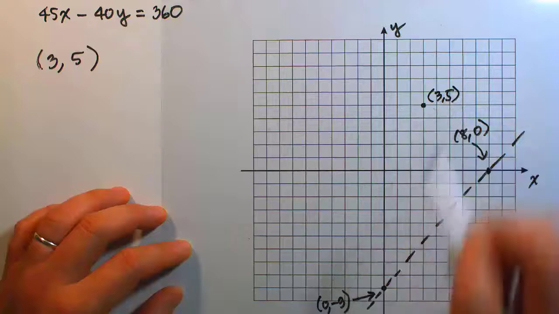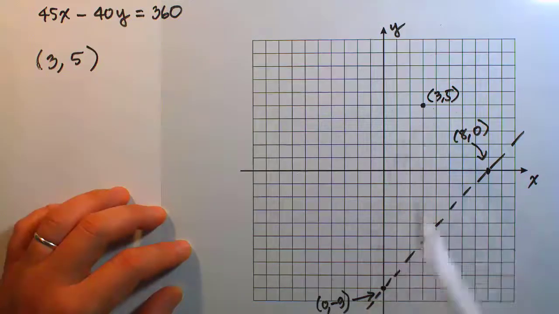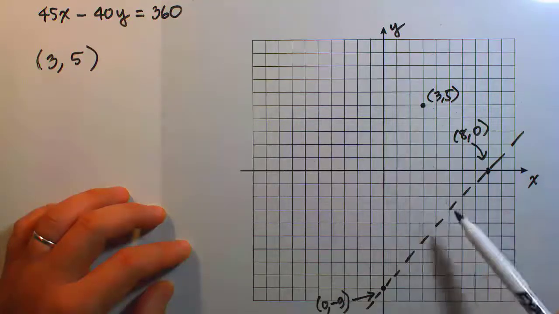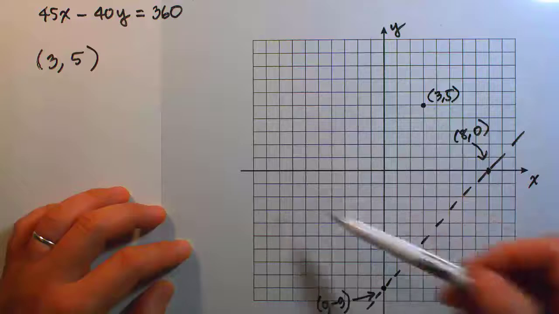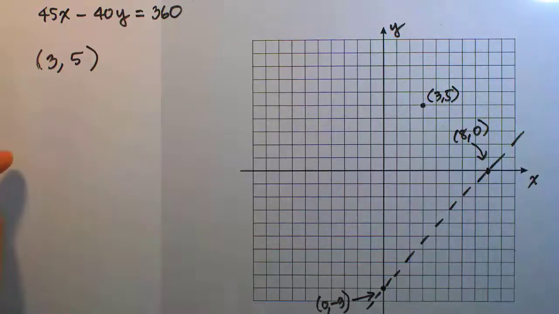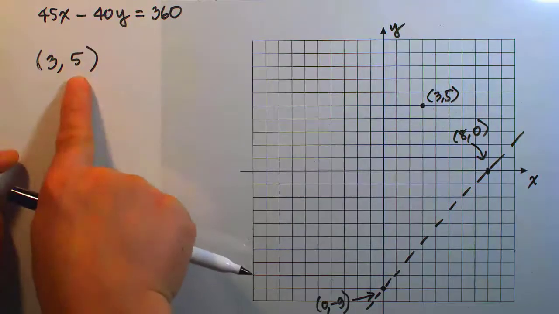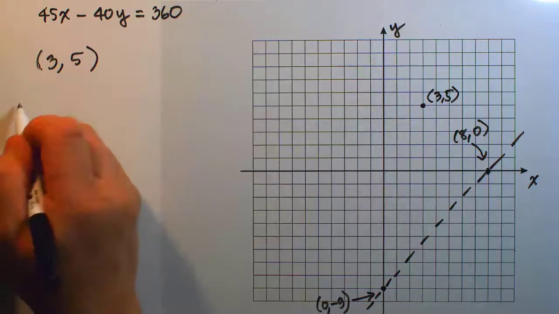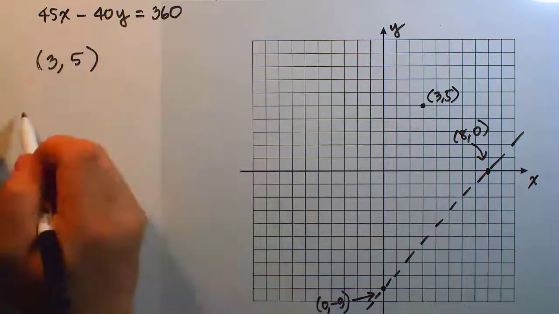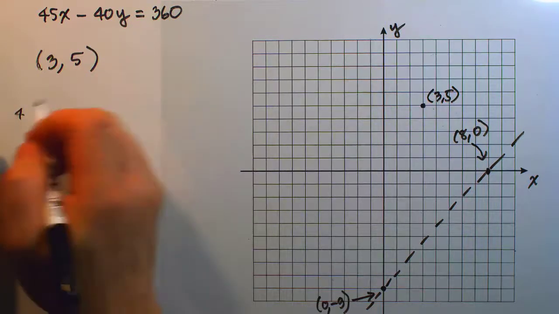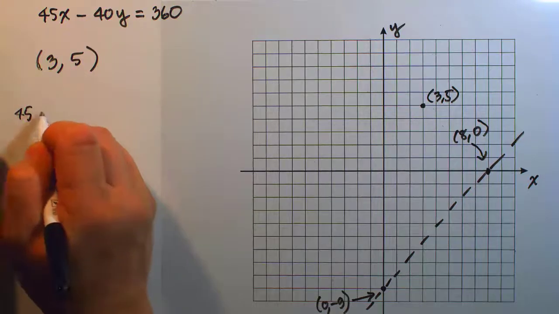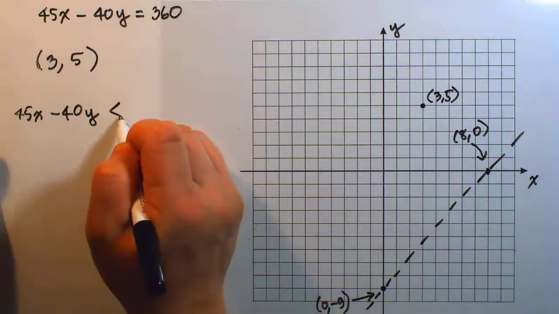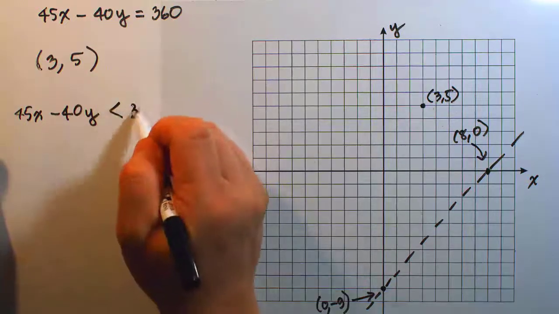We call this approach using this point as a test point. The point physically on the graphing space right here belongs to the region that's above the line. But if we substitute this point into our left-hand side, and remind yourself that this is only a line, but in the beginning 45x minus 40y was truly an inequality, and we want the left-hand side to be less than 360.